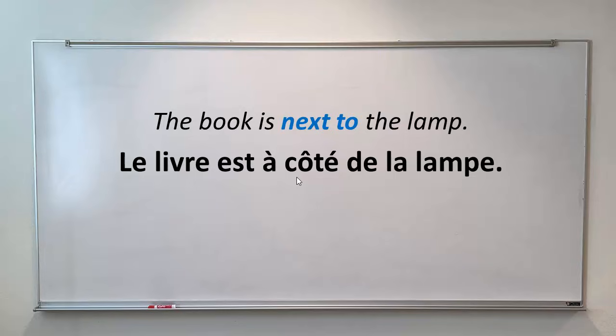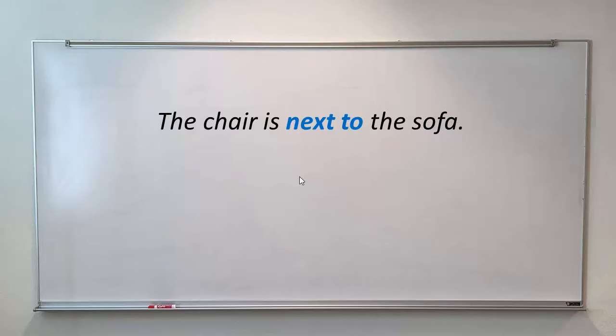Okay, so let's try another example. What's another good example here? Well, we're describing our living room layout, which is probably pretty common to most people, having a chair next to a sofa. So if I want to say the chair is next to the sofa, comment dit-on ça en français? Okay, let's start off with the word for chair.